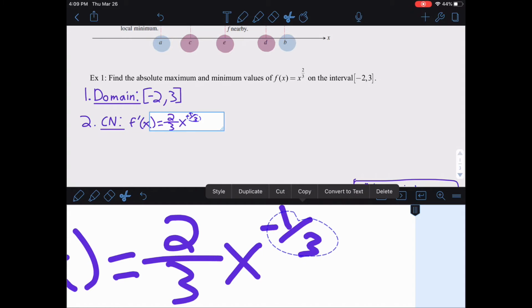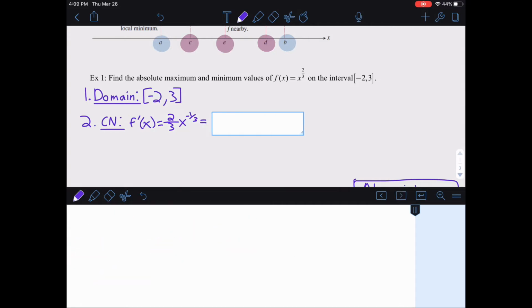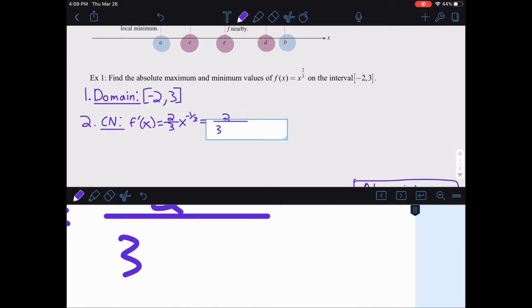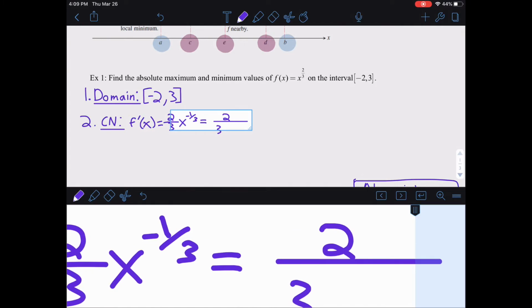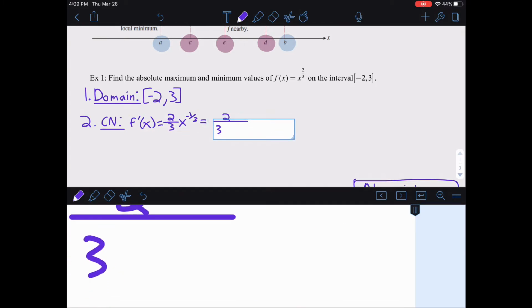Little power rule there. And now, what I'm actually going to do, and this is one of the reasons why in the past I've not been a big fan of negative exponents, I'm going to rewrite this without the negative exponent because I think it's going to make the next part easier. So 2/3, now x to the -1/3 means x to the 1/3 power in the denominator. So what's x to the 1/3 power?